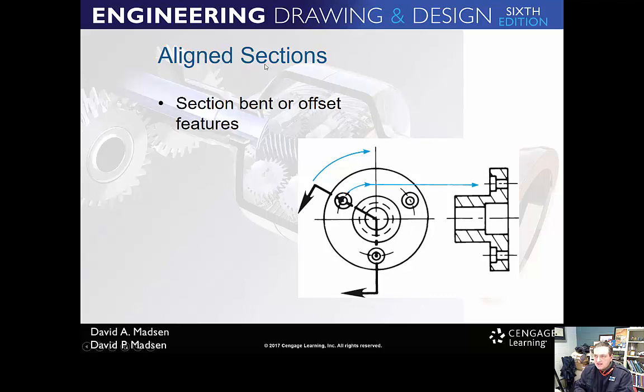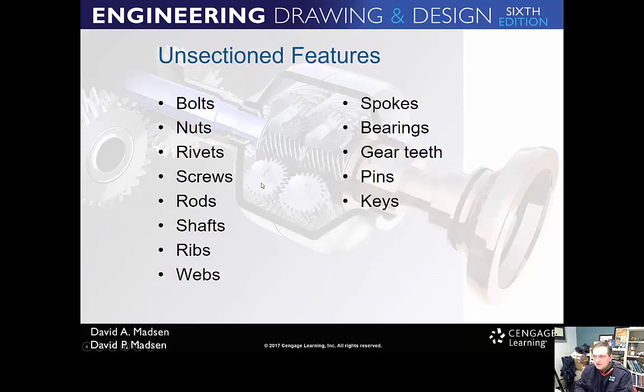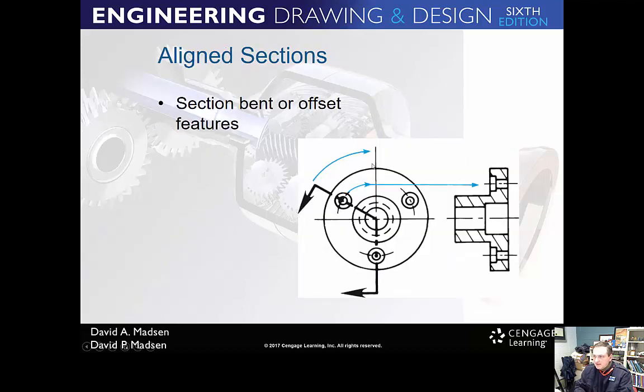This is what we call an aligned section. An aligned section means that I have this symmetrical part, but I want to make it look like I did a full section of it. I don't want to draw it where I see this rotated down here, because technically that's not true shape and size. It's not a true position of it because it's over here. It's not lined up with my axis right here.